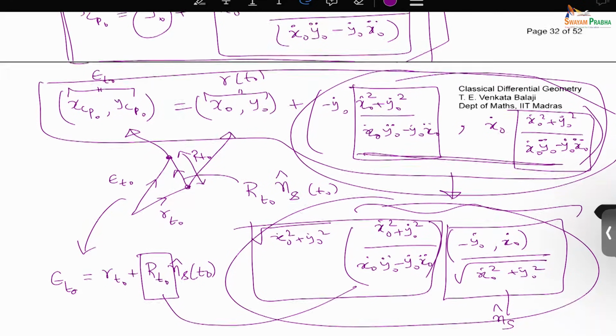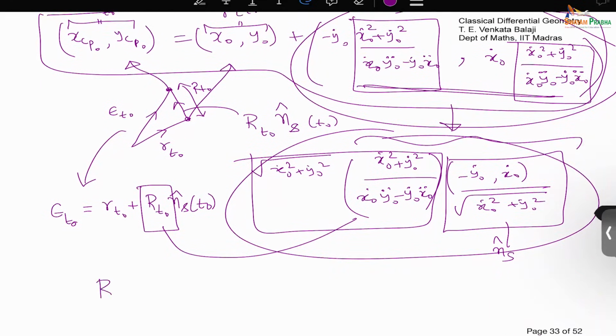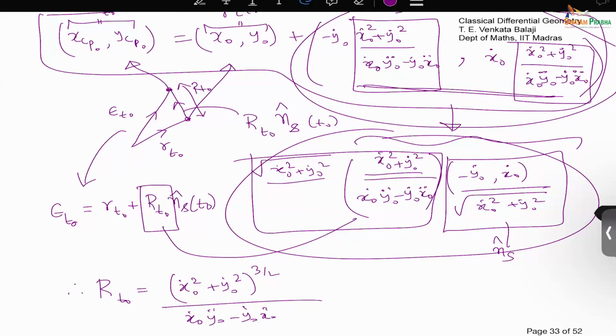Everything matches, and therefore the radius of curvature at T naught is exactly, this is a power half, this is a power 1, so it is x naught dot squared plus y naught dot squared to the power of 3 by 2 divided by x naught dot y naught double dot minus y naught dot x naught double dot, but there is a small glitch.